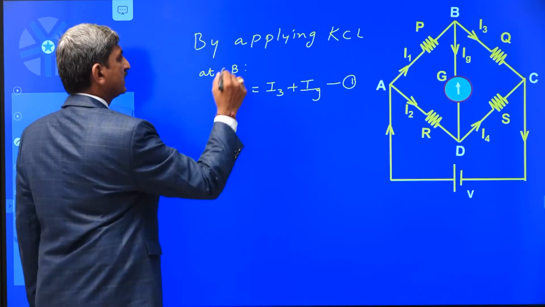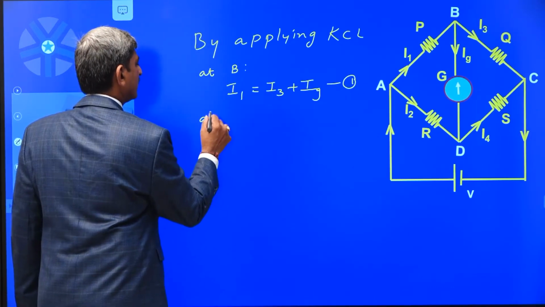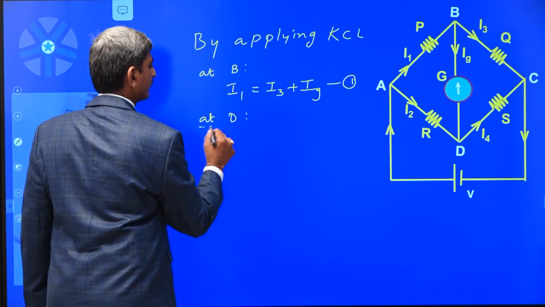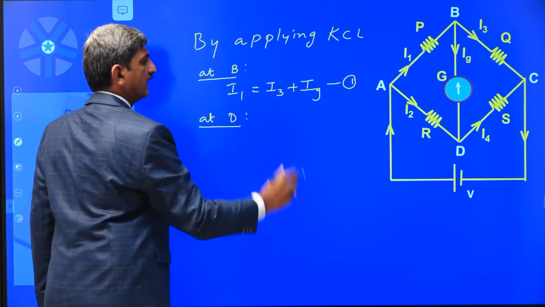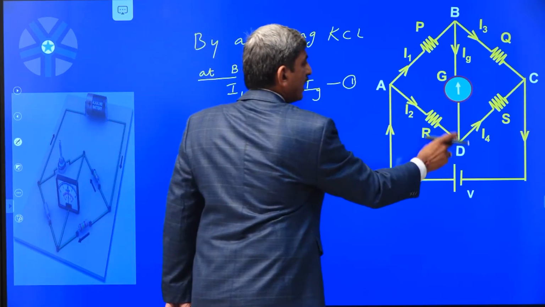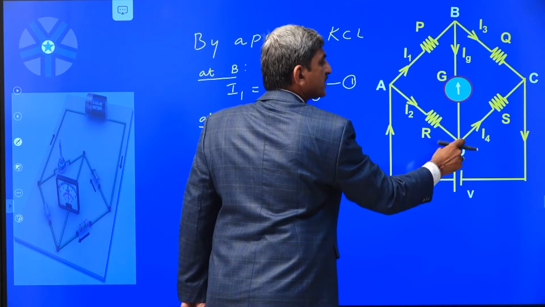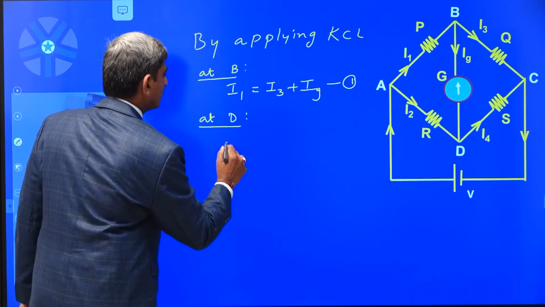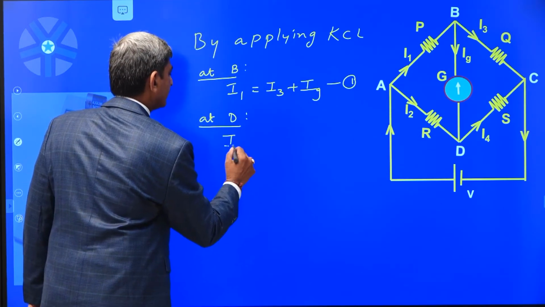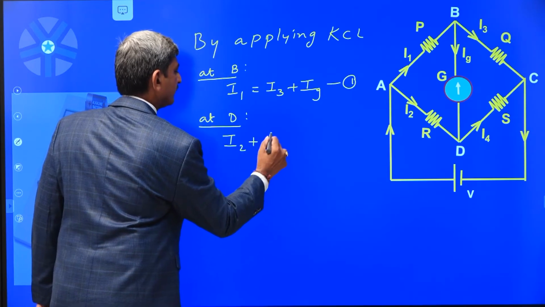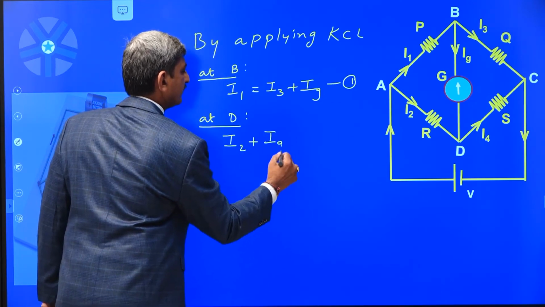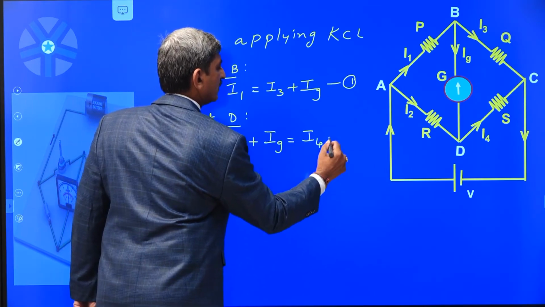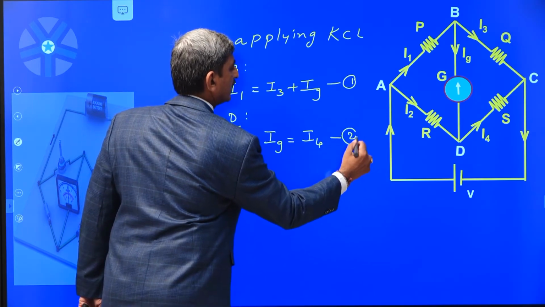Apply Kirchhoff's current law at another junction, D. Here I2 and Ig are flowing towards the junction and I4 is flowing away from the junction, so we can write I2 plus Ig is equal to I4. Let it be equation number 2.